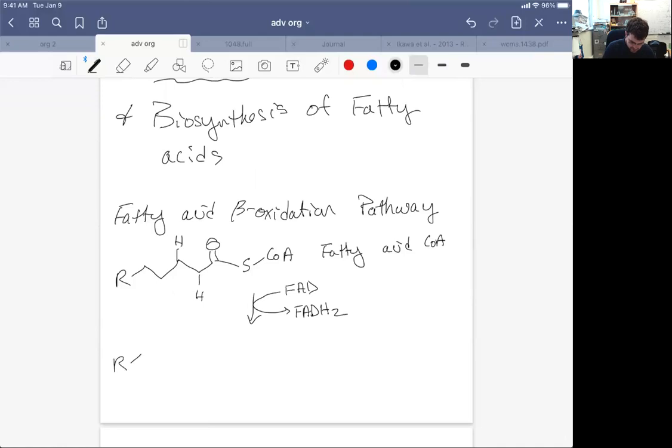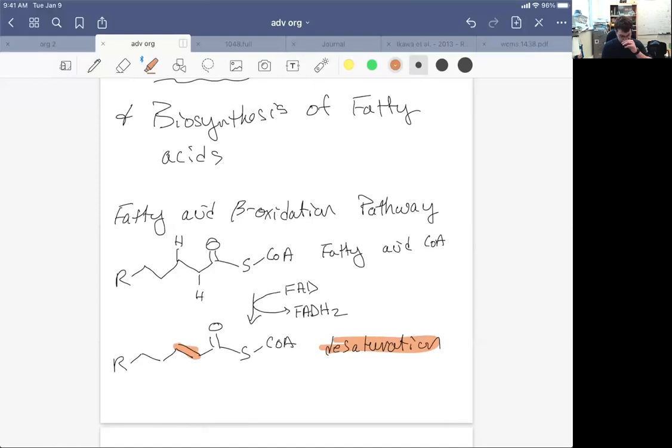We're going to have our same molecule, but now we've activated everything so much by not only having the thioester, but also having the site of unsaturation. So we've desaturated or introduced a site of unsaturation in the molecule. And now all of a sudden we have an activated carboxylic acid as the thioester with alpha beta unsaturation.